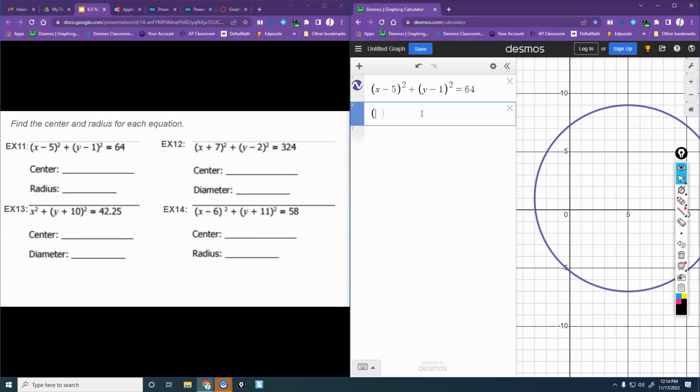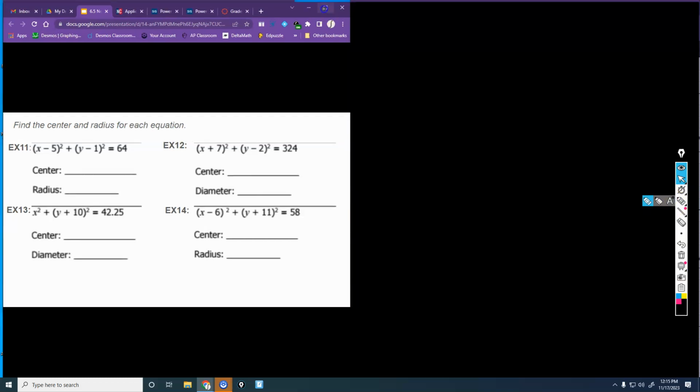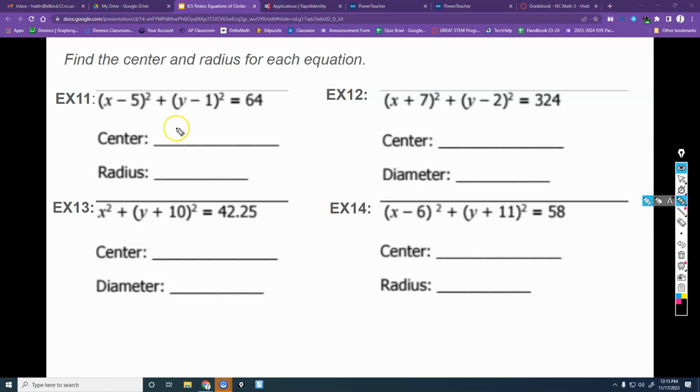And the graph can help because if you type in 5, 1, check to see if it looks like it's the center. That does look like it's the center. So our center there is 5, 1. And then our radius, this number right here is not our radius, right? On that picture, our graph did not have a radius of 64.